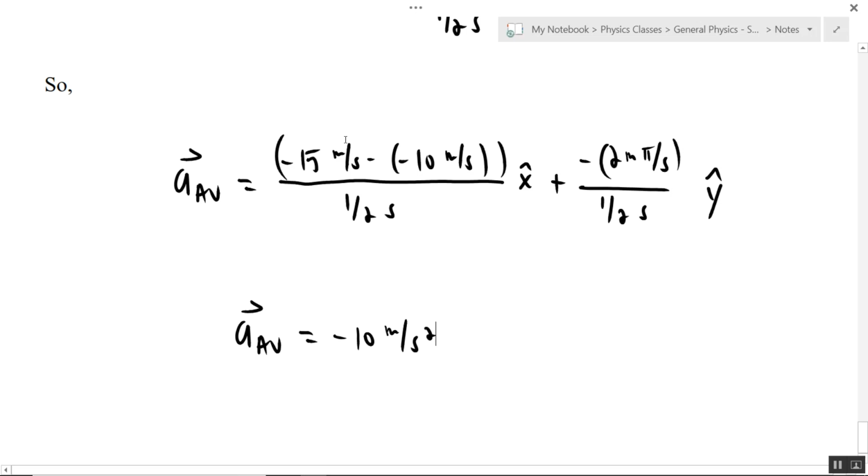Meters per second squared, because you get meters per second divided by second, which is meters per second squared. And then minus, so that's the x part. And then it's really negative, because this is negative. 2 meter times 2, right? Which is 4 meters, right? Pi, once again, per second squared.